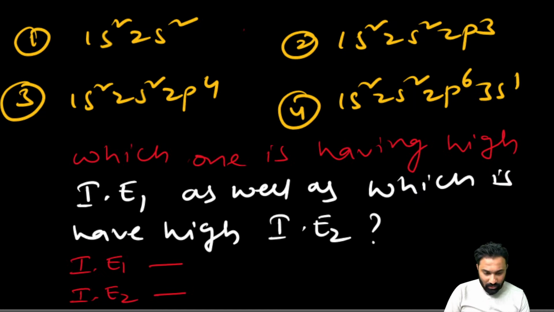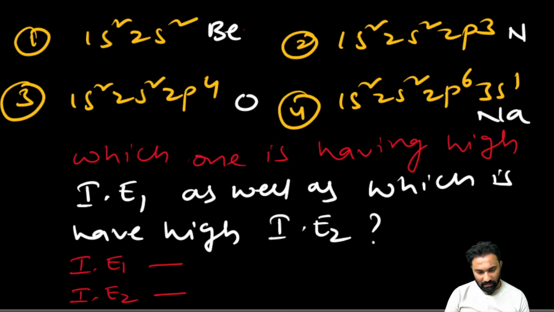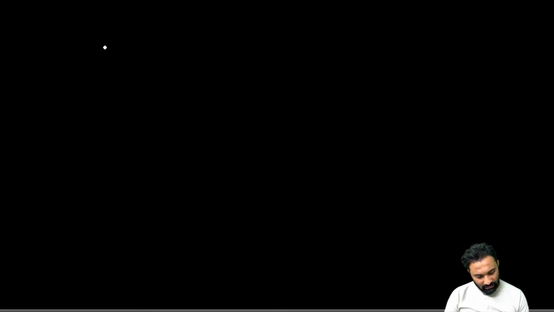1s2, 2s2 is of beryllium, right? 1s2, 2s2, 2p3 is of nitrogen. 1s2, 2s2, 2p4 is of oxygen. 1s2, 2s2, 2p6, 3s1 is of sodium.